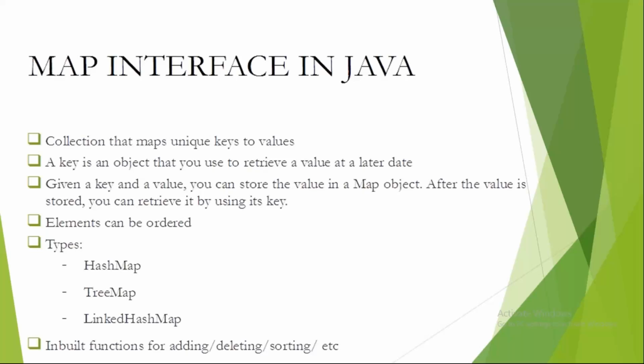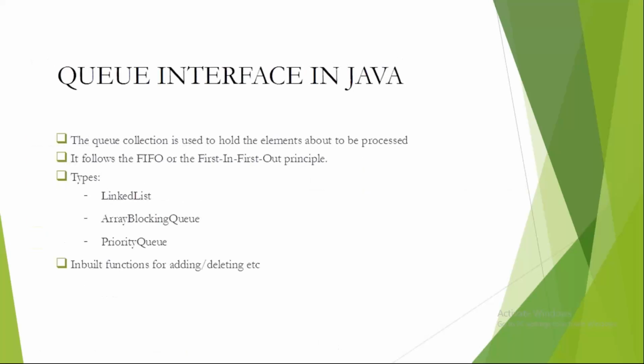For example, with arrays, the index is the key, and the value that you stored at that index of the array is the value. So that is a map object, and there are three main types: hash map, tree map, and linked hash map. Again, you have inbuilt functions for everything.